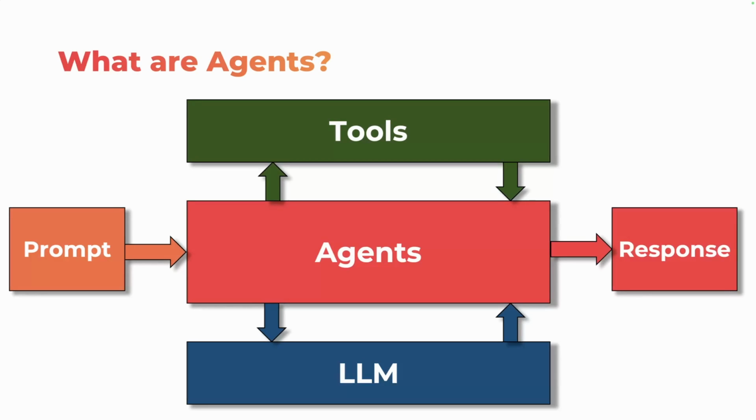So we provide a set of tools to the LLM and then we send a prompt and the agent will basically break down the prompt into a very detailed prompt and then send it to the LLM to say, hey, in order to respond to this prompt, given that you have access to these tools, now break down the prompt and tell me how you want to use the combination of tools and the prompt to respond to this question. So agents essentially bring the power of LLMs and the capabilities of tools together to provide an appropriate response.